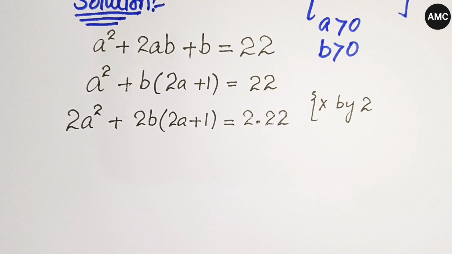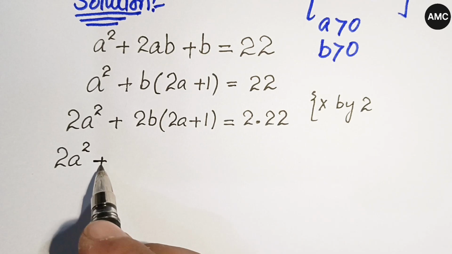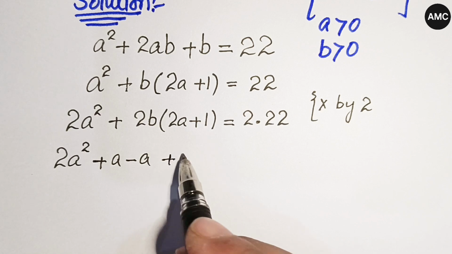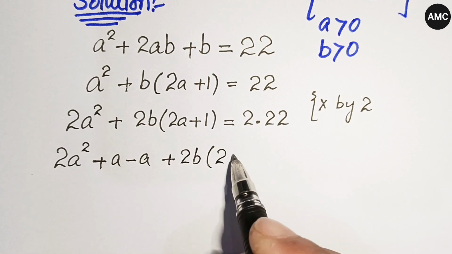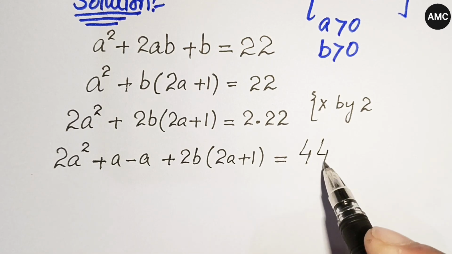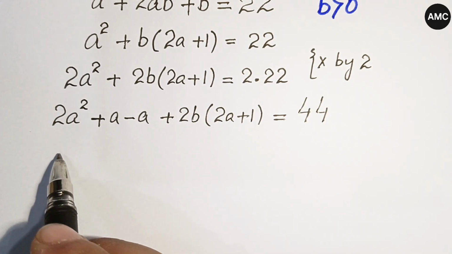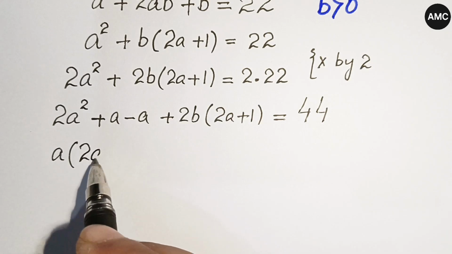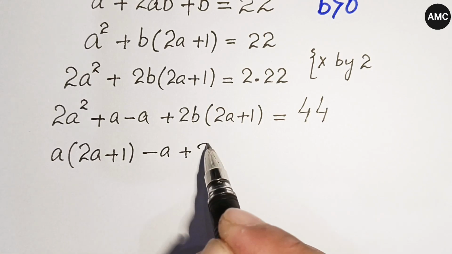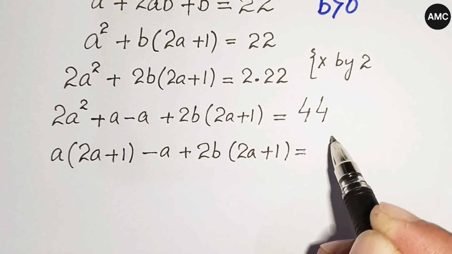Here we have 2a squared, and if we add and subtract a, plus 2 times b times (2a plus 1) is equal to 44. Now if we take a as common, we have a times (2a plus 1) minus a plus 2 times b times (2a plus 1) is equal to 44.